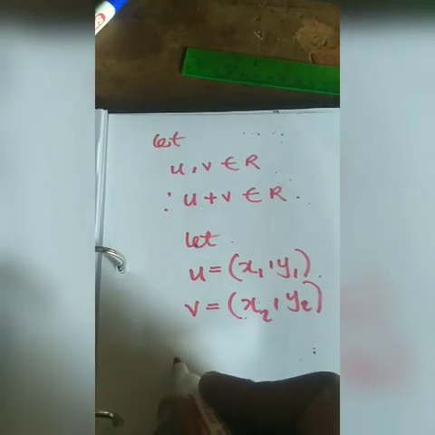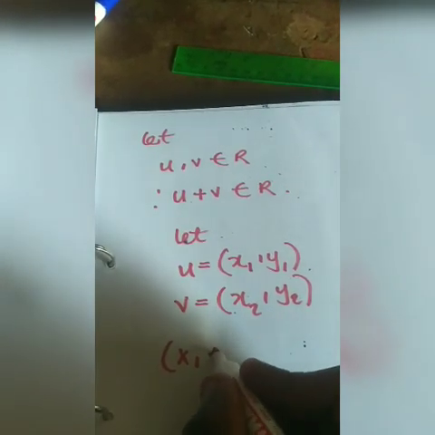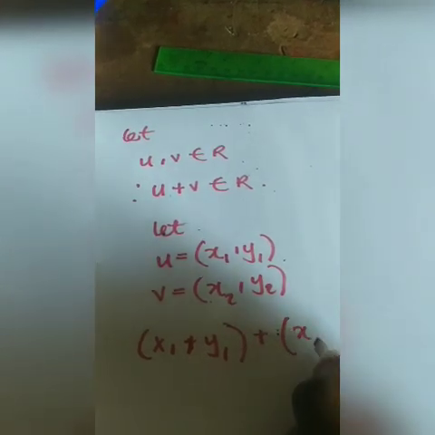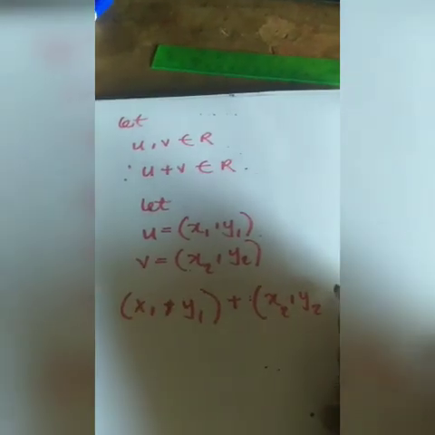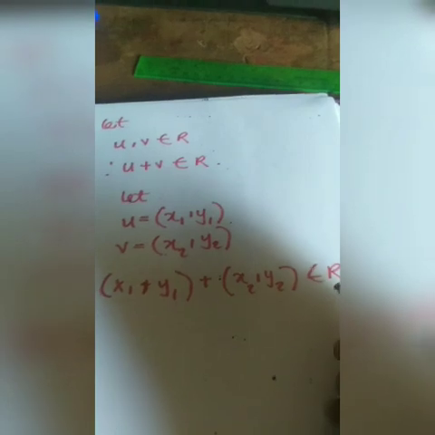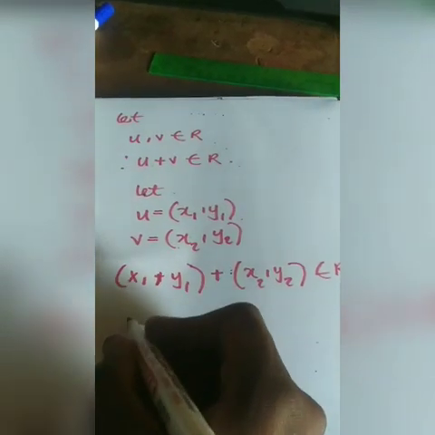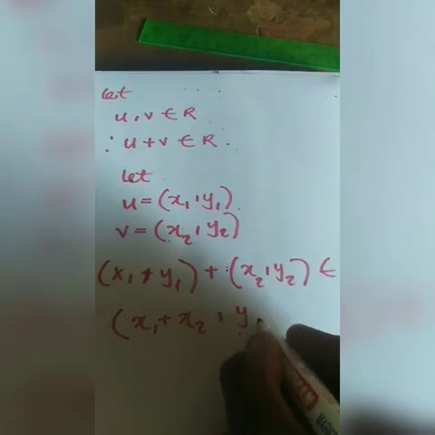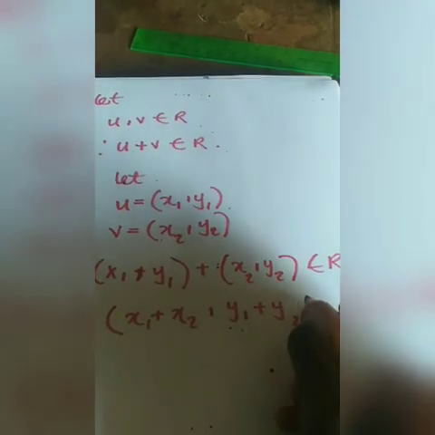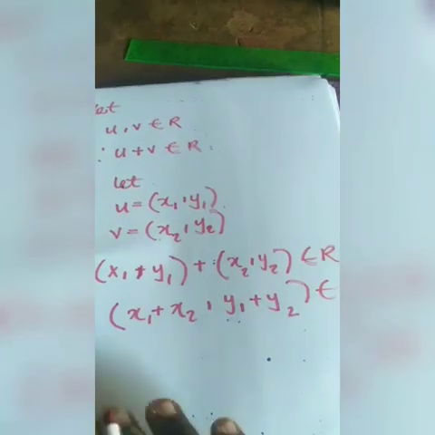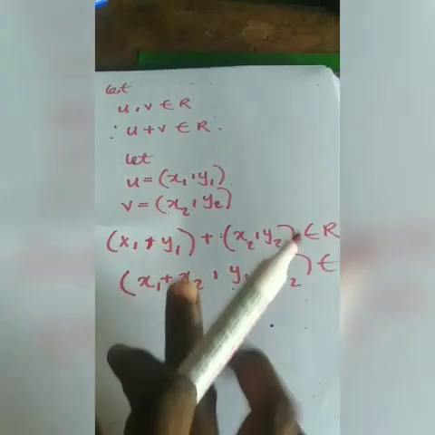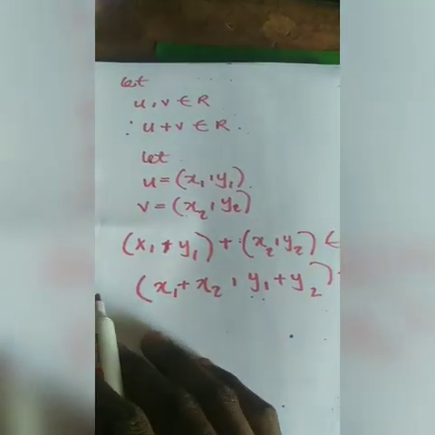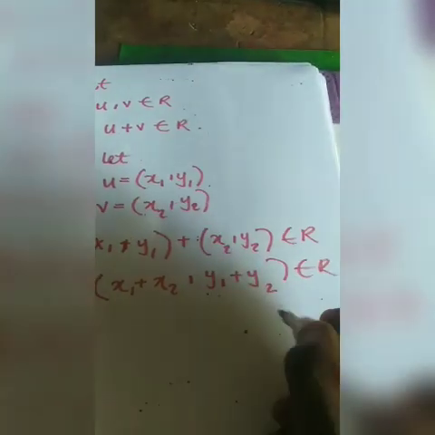So you have x1, y1 plus x2, y2, everything should be a member of R. Then you just add, so you have x1 plus x2 and y1 plus y2 should be a member of R. This expression shows that this is in 2 dimensions because there is a coordinate here and a coordinate when you add them. This shows that we are still in R2.